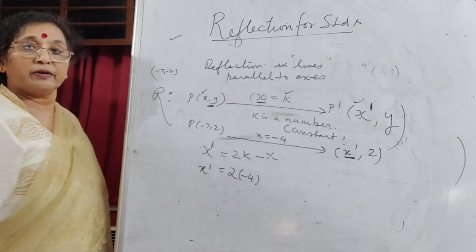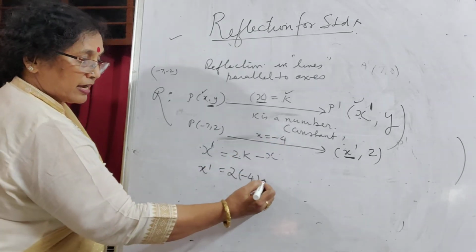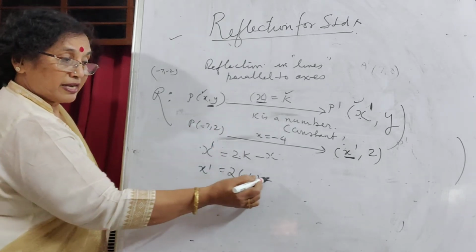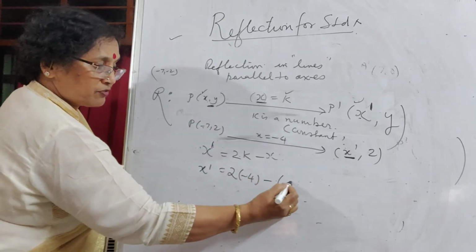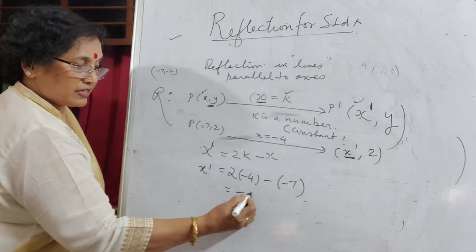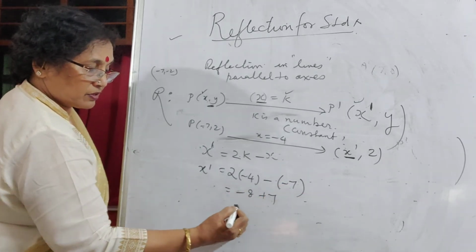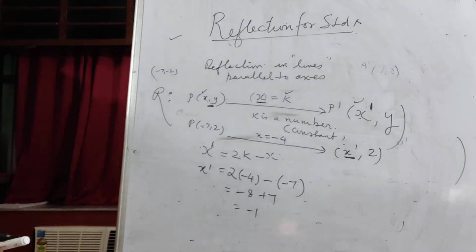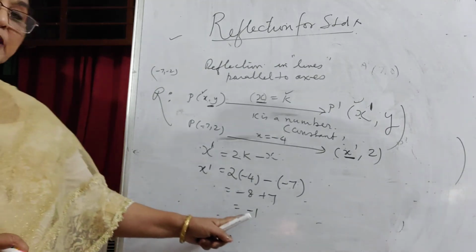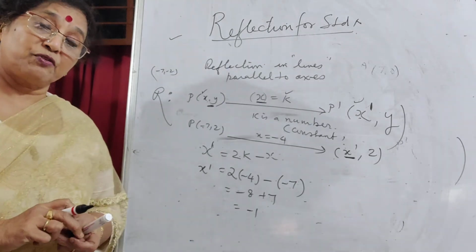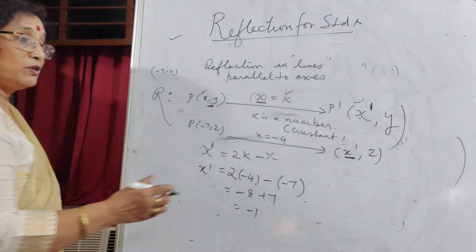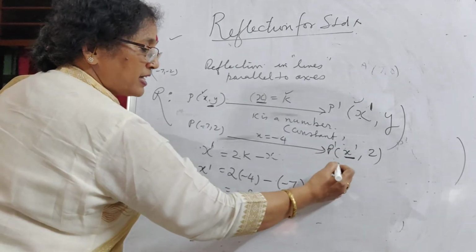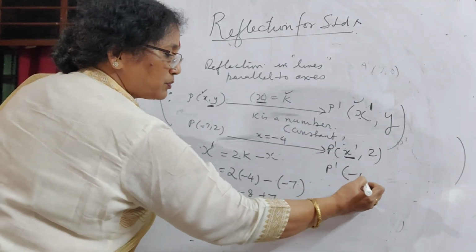K is minus 4. And minus x, x is minus 7. So don't write minus 7, it's minus of minus 7. So minus 8 plus 7. So we got minus 1. Did we get minus 1 too? See mine, if you go back, we did get minus 1 too. So therefore, P dash is minus 1, 2.